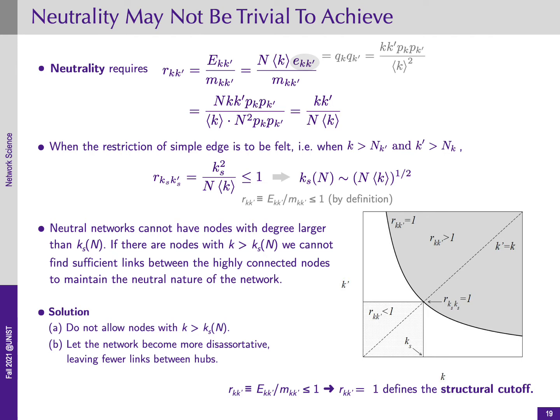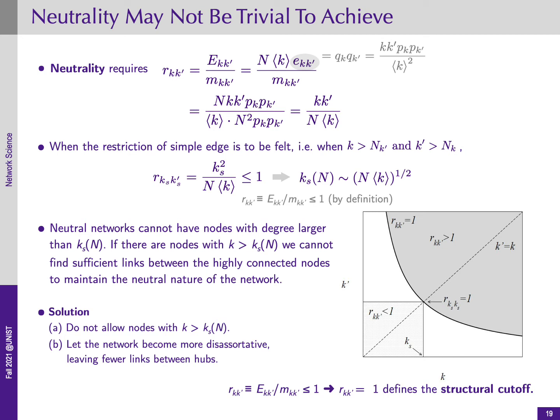Okay, so how to get around this? The simplest solution is probably that we do not allow nodes with degree K larger than this structural cutoff. So even in the scale-free network, we can limit the maximum degree that is assigned to each node.